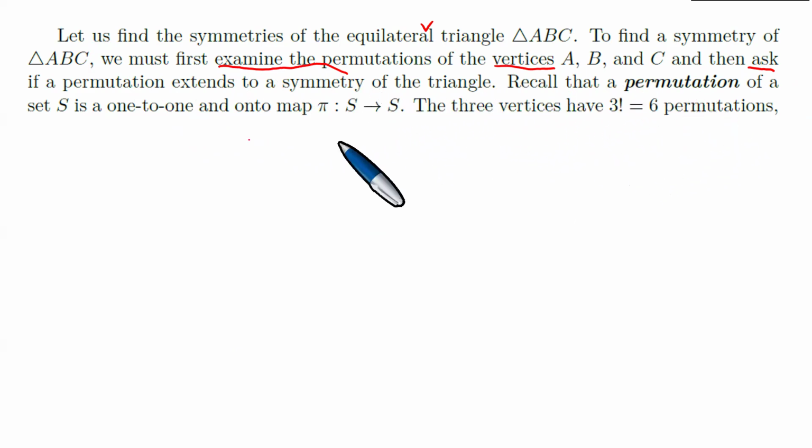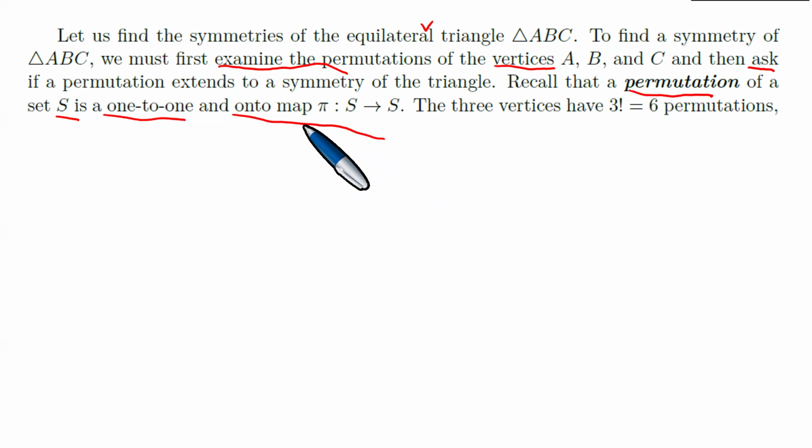Recall that a permutation of a set S is a 1-to-1 and onto map pi from S to itself.